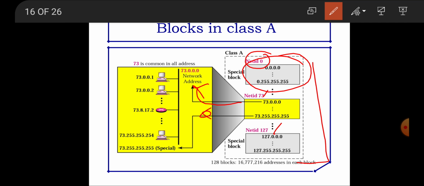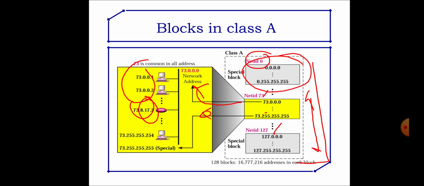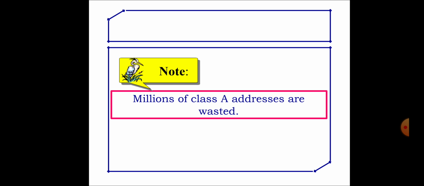From net ID 73 we can use 73.0.0.0 to 73.255.255.255, and that can be assigned to a network. But in class A there is a lot of wastage of IP addresses. Millions of class A addresses are wasted, right? Because there is only one net ID and all the remaining bits are the host ID.